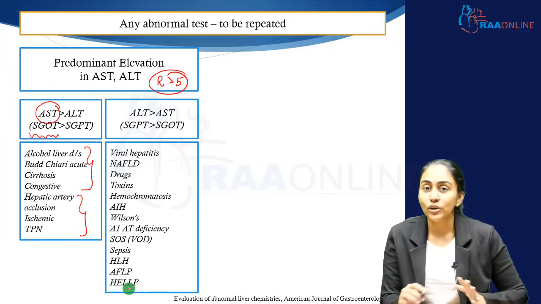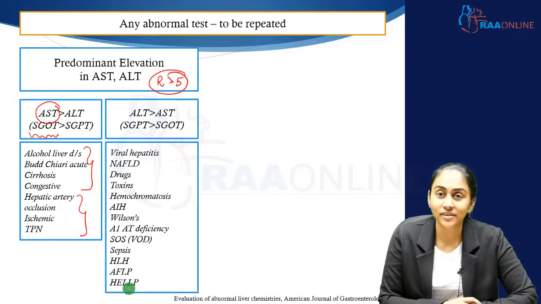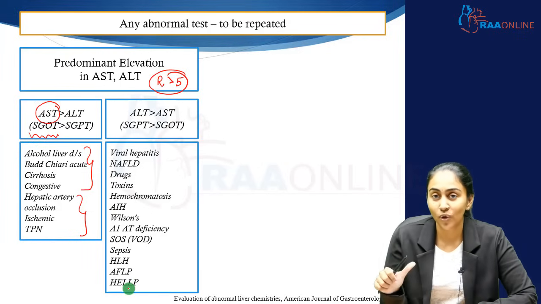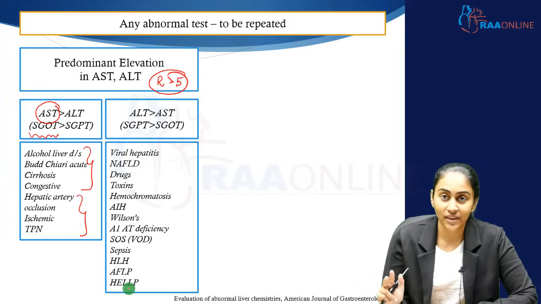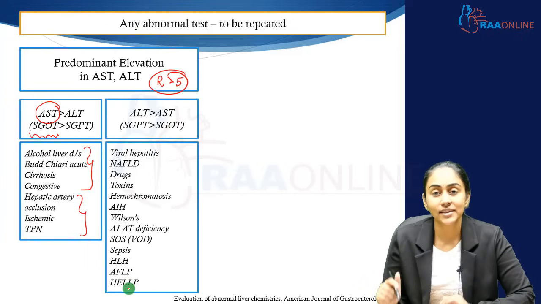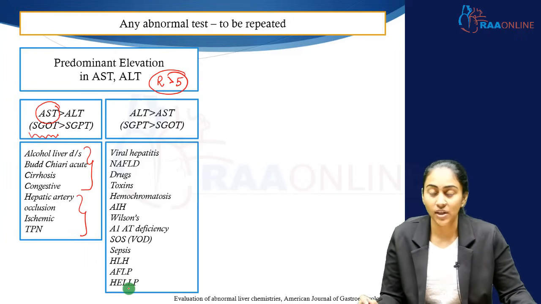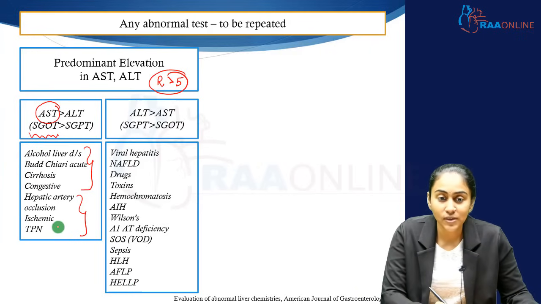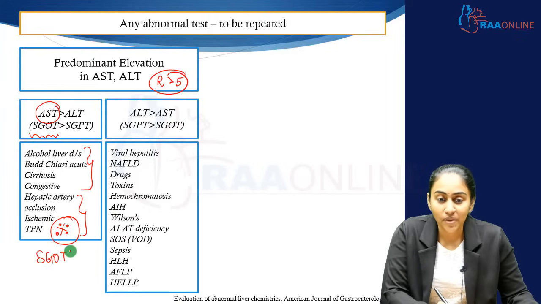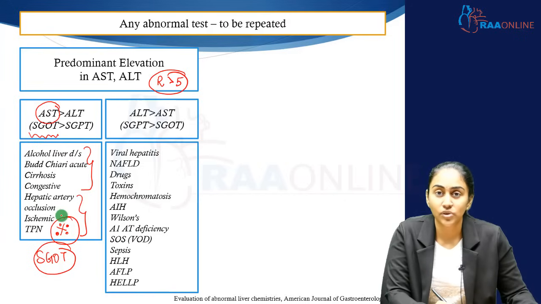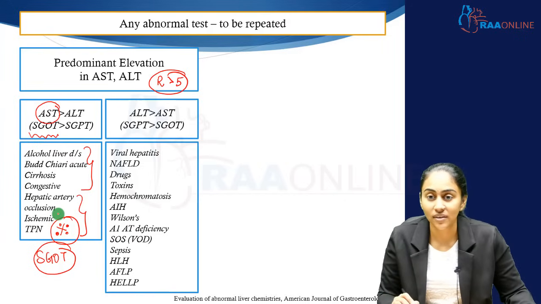So basically in all these conditions, except for the ones that we discussed earlier, which is primarily alcohol-related liver disease, Budd-Chiari, and congestive hepatopathy and cirrhosis, everything else, the SGPT is going to be elevated more than SGOT. So in these conditions particularly, your SGOT is going to be elevated more than SGPT. So it may be a good idea to remember just these conditions alone, and everything else put under SGPT predominant transaminitis.